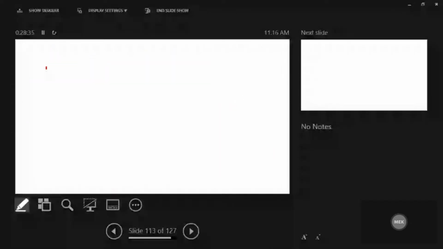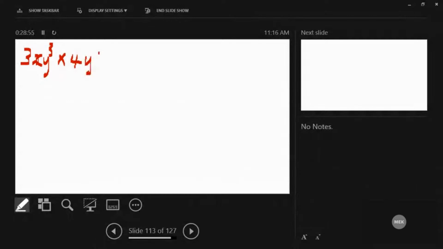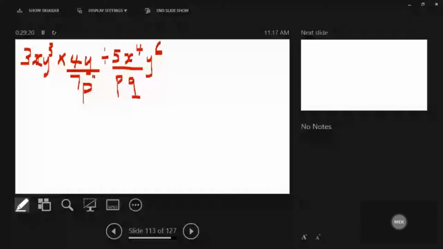All right, so 2 more division. Let us use fractions now, right? So 3x y to the third over 7q, times 4y over 5q, divided by 5x to the fourth y to the sixth, over 7p squared.